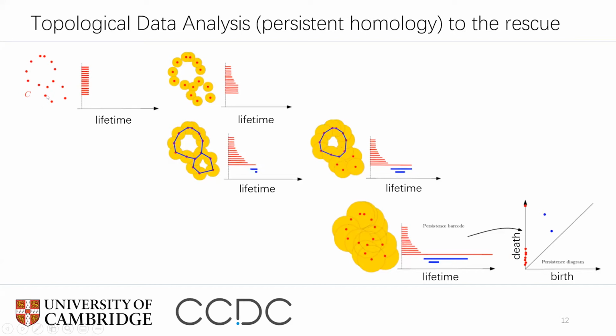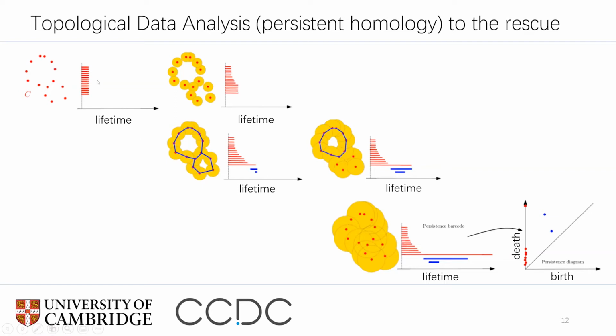And the way we do this is, we build around each of these red dots a bead that's colored in yellow. And we will increase the radius of these beads at the same time for all of them. And we will observe and take note of when different beads merge to form a new feature.